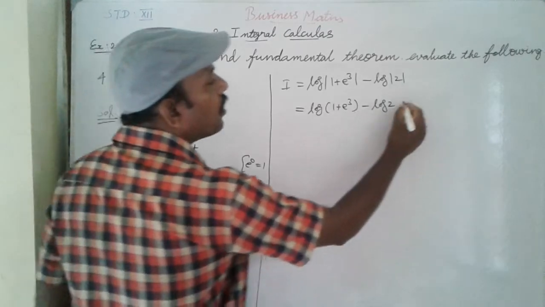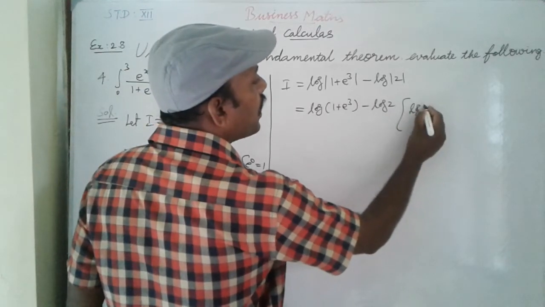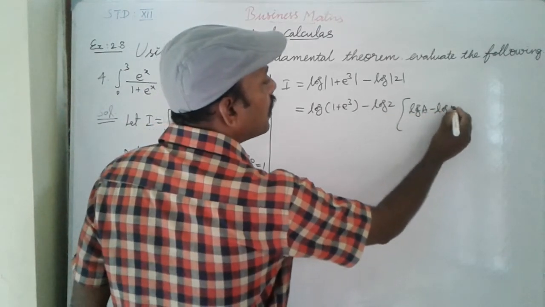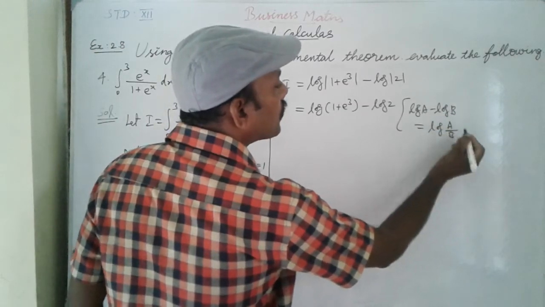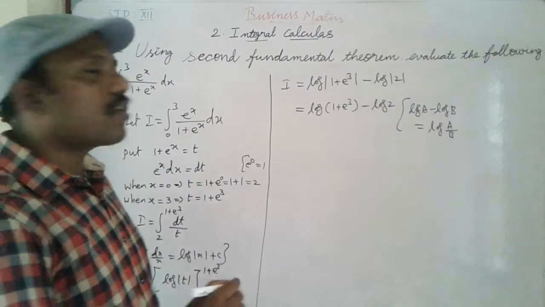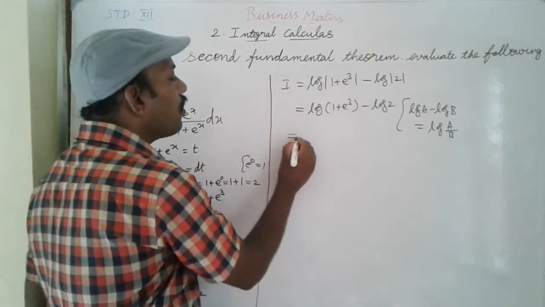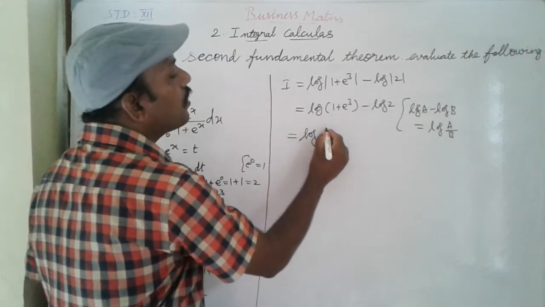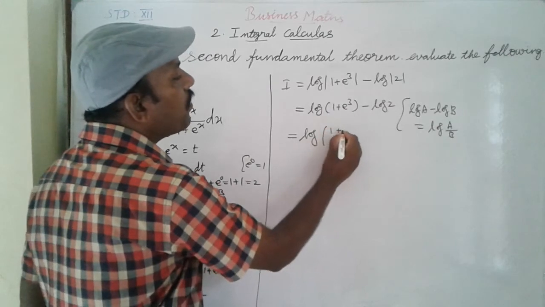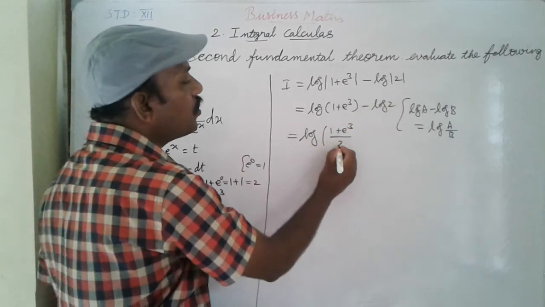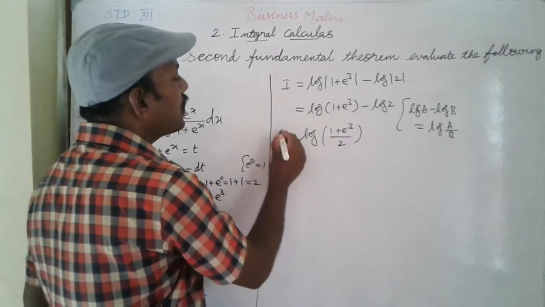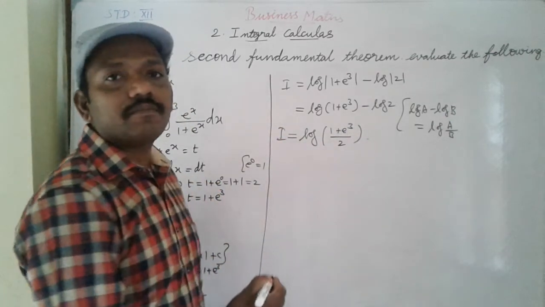We know the formula log a minus log b equals log a by b. So this is a, and b is 2, giving log of 1 plus e power 3 divided by 2. This is the value of I. That's all.